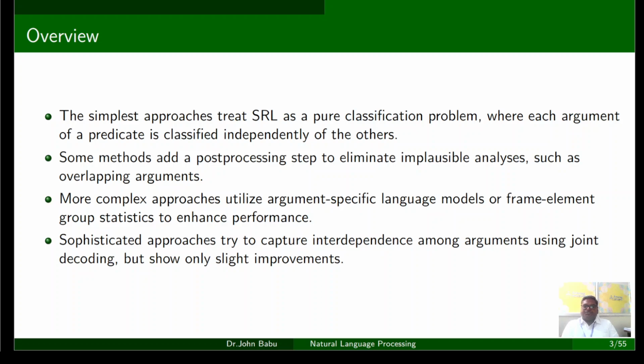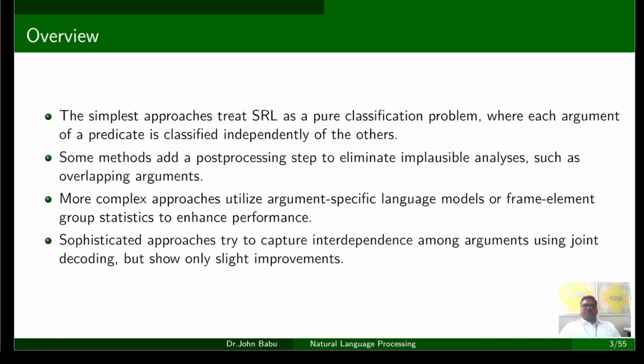classify each argument of a given predicate independent of each other. But some modifications have been proposed for this, some post-processing steps to eliminate analyses which would not be possible, such as overlapping arguments.